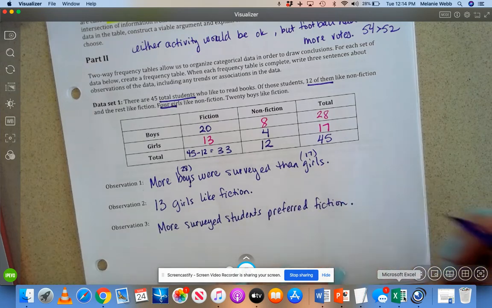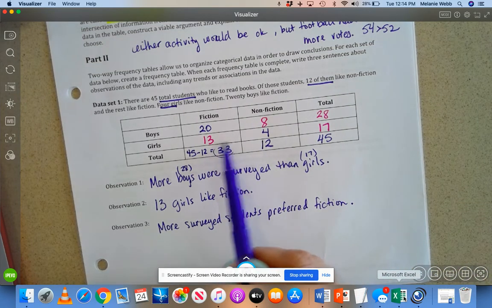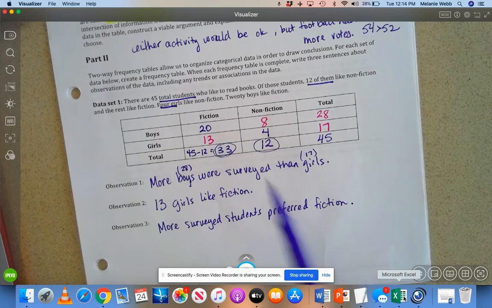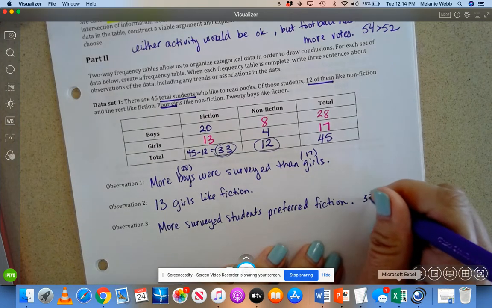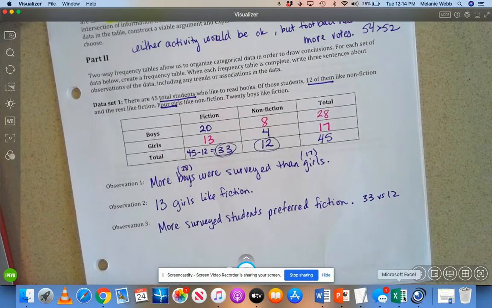So if you look at that, here you have fiction, the total students, and nonfiction. More of the students that they surveyed preferred fiction, right? 33 versus 12. All right, so those are just some general observations.